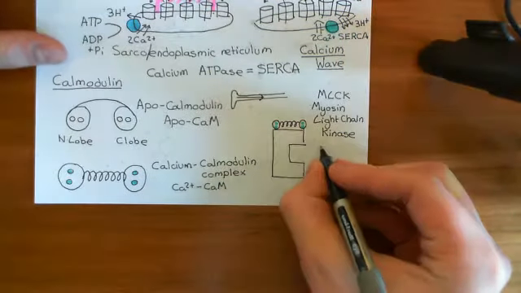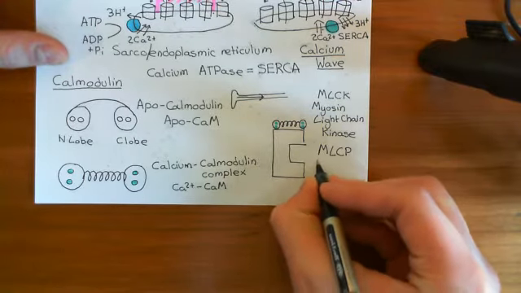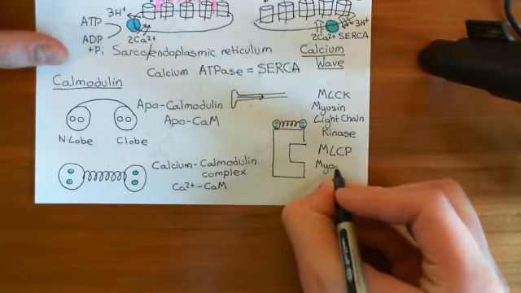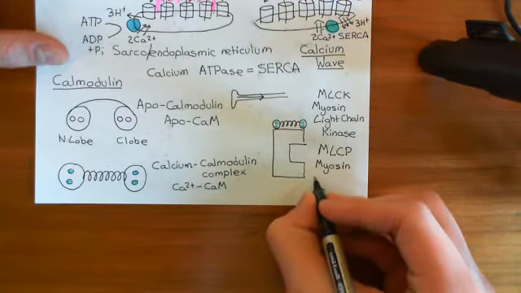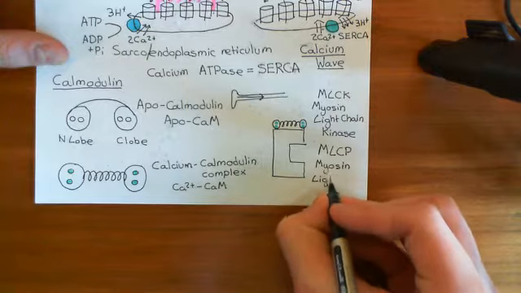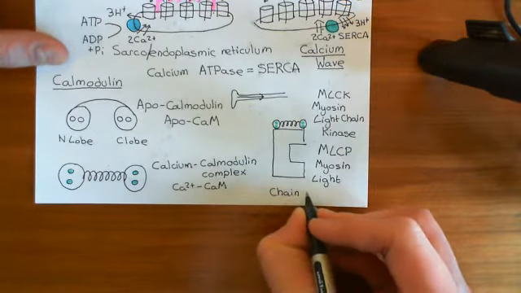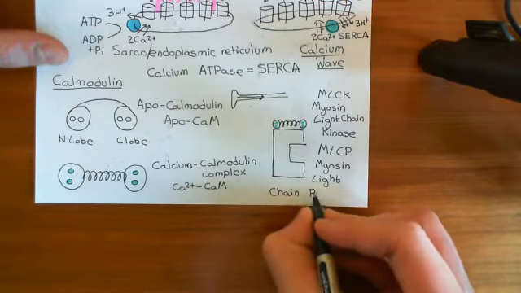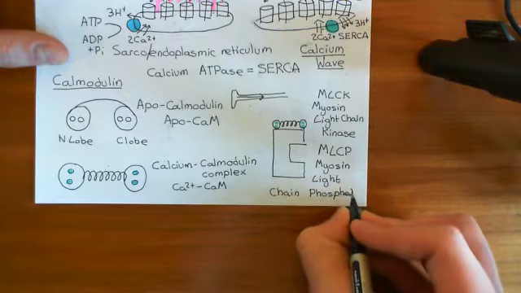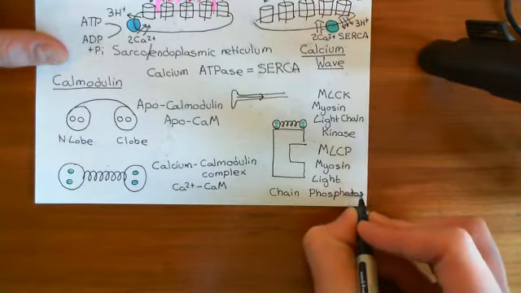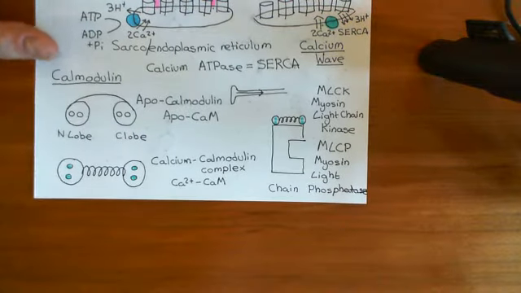Basically, there is another enzyme called myosin light chain phosphatase, which will go around and remove the phosphate groups from the regulatory myosin light chain. So this is MLCP for short, and it stands for myosin, that's the M, light, that's the L, chain, that's the C, and then phosphatase, an enzyme which removes phosphate groups, that's the P. And if I can just squeeze that in, there we go, myosin light chain phosphatase.